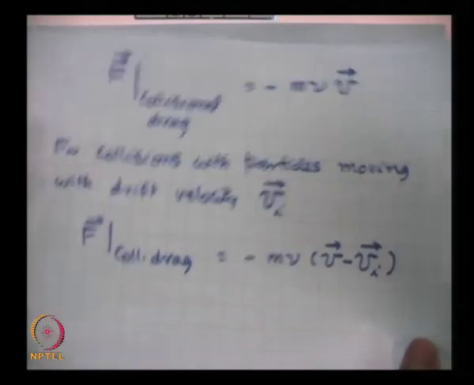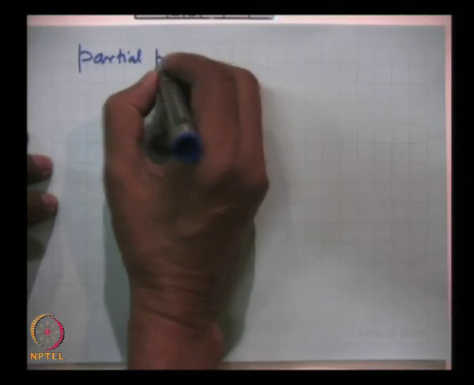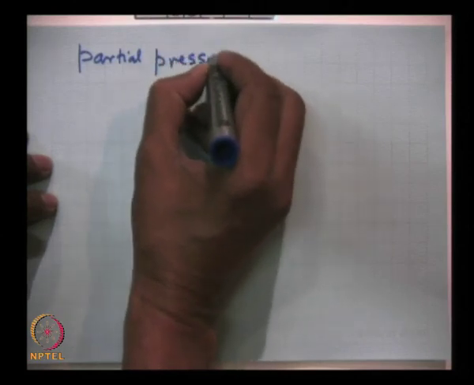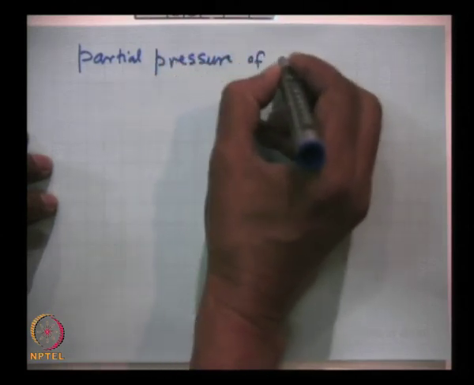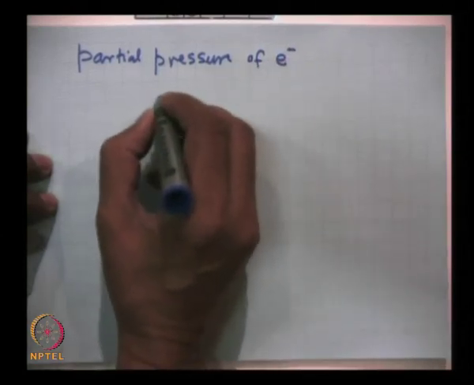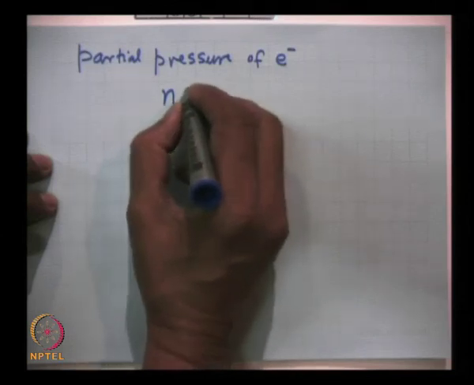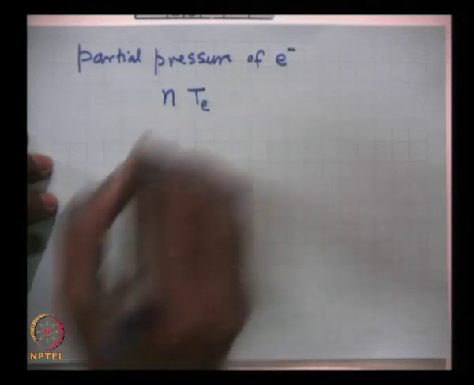Then there is another force on the electrons, because they have finite temperature and hence they possess finite partial pressure. Partial pressure of electrons is written as the product of electron density and temperature of the electrons.